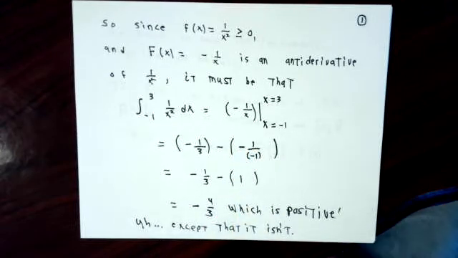So then I do the subtraction, and I get negative 4/3, which is positive, of course, except that it isn't. Negative 4/3 is negative. But because of what we said before, if you integrate a positive function, you're supposed to get a positive answer. There's something wrong here.